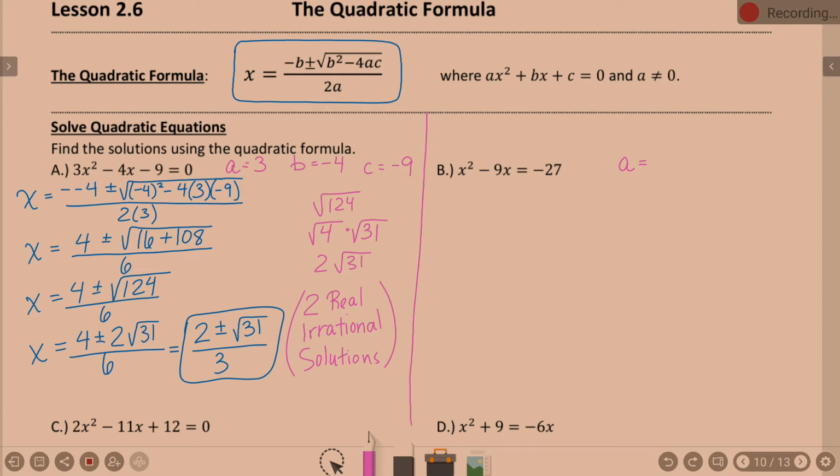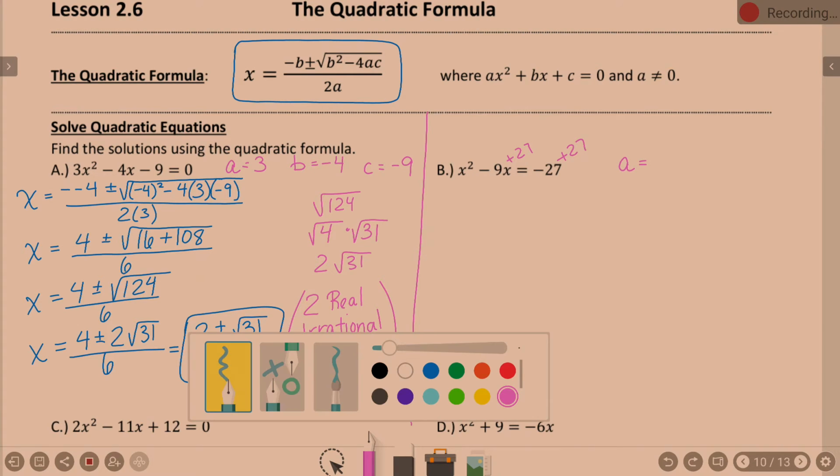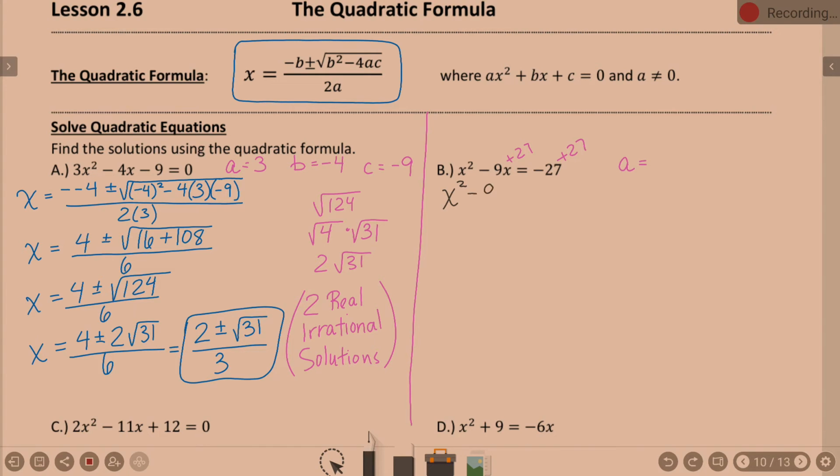In order to make it equal 0, you need to add 27. So now, when I rewrite this, it's going to be x squared minus 9x plus 27 equals 0.